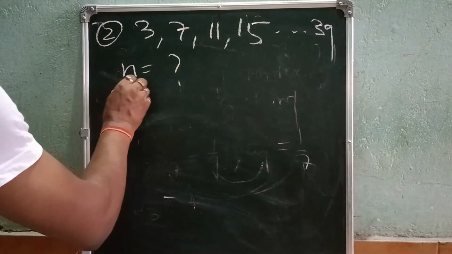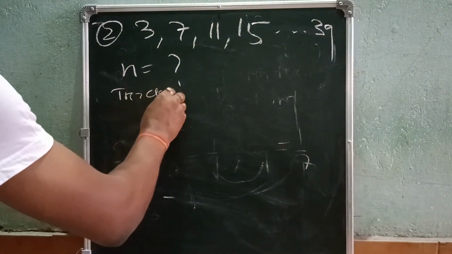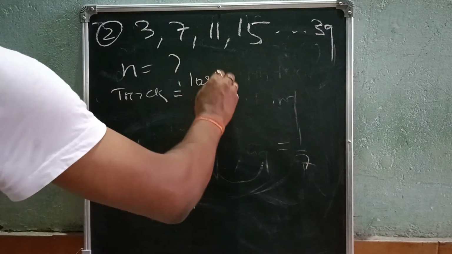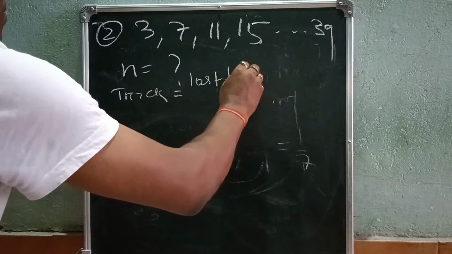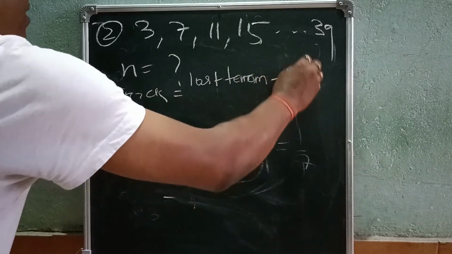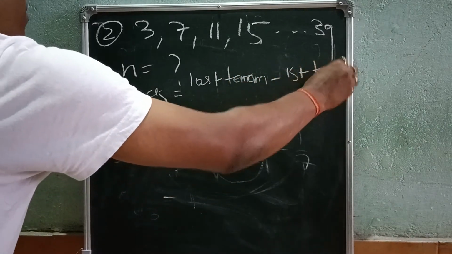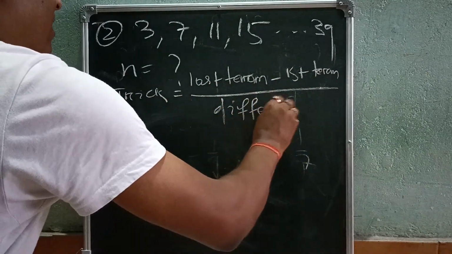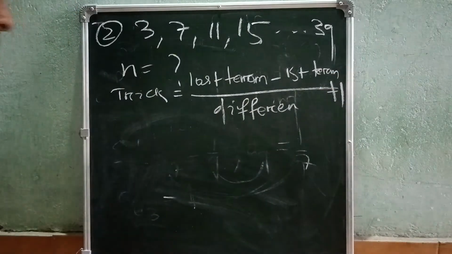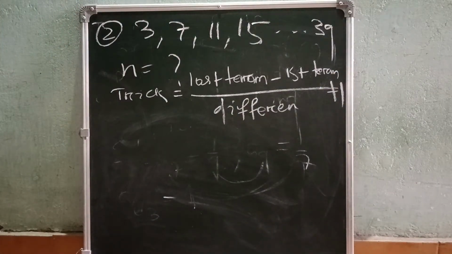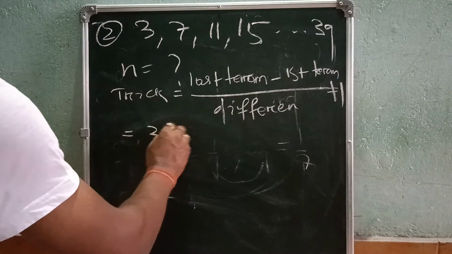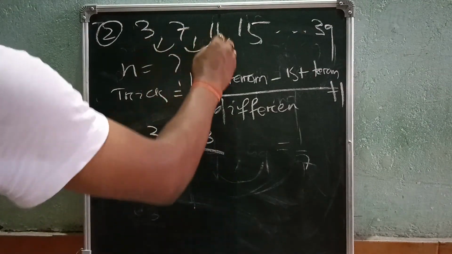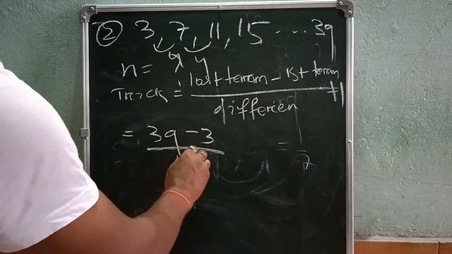What is the trick, how to find out? The last term minus first term, divided by the difference, plus 1. This is your trick. Last term is 39, minus first term 3, by the difference, what is the difference? 4, plus 1.